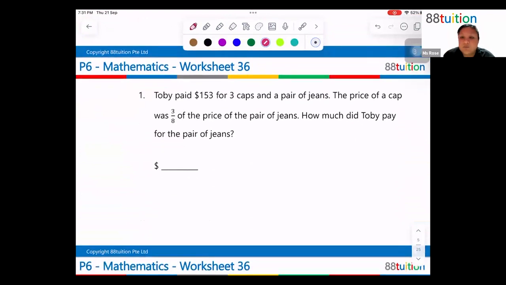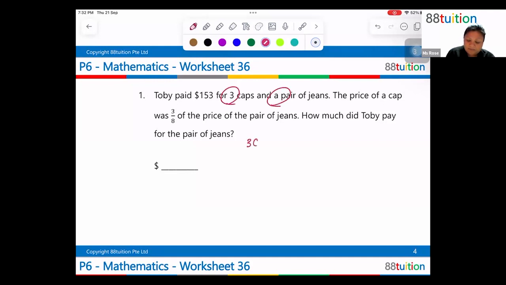Now, most of you who attempted the paper got this question correct, but I'm just gonna run through this very quickly. There are various ways to do this question. Okay, so 3 caps and a pair of jeans.